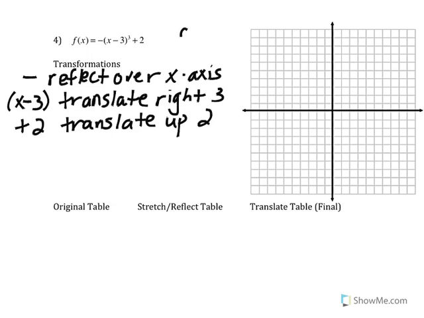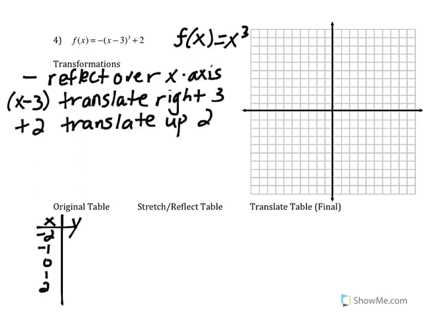Again, we want to list our parent function is f of x equals x cubed. So that's not a transformation, that's what the function is that we're working with. That tells you what original table to start with. So we're going to start with the table of -2, -1, 0, 1, 2. So like 2 of the other ones, we're cubing it, so it's -8, -1, 0, 1, and 8.